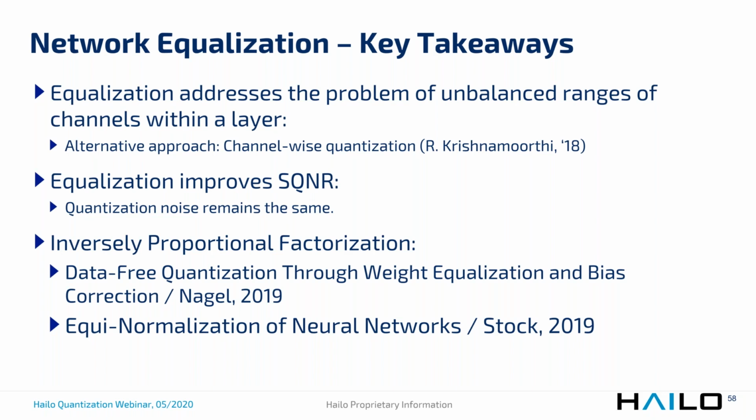And the second paper is using this property of inversely proportional factorization, but as a normalization layer for training neural networks. And works rather nicely. And I always think that you can combine it and actually this way create a network that already finishes its training ready for quantization, but we still didn't do it, but I think it's a very nice paper.